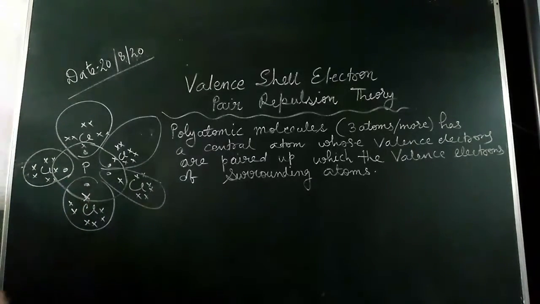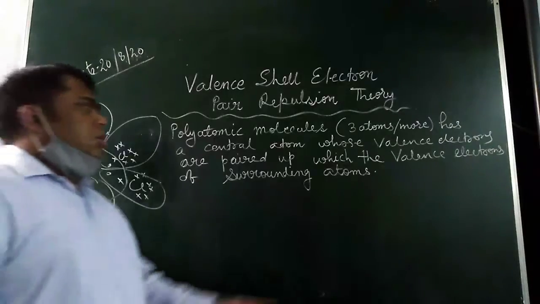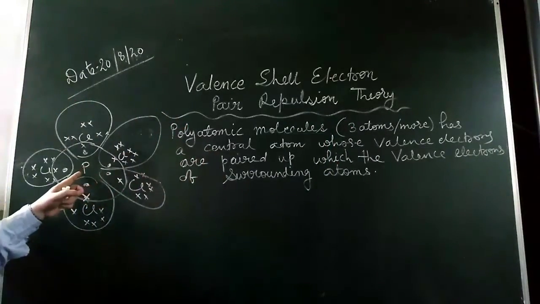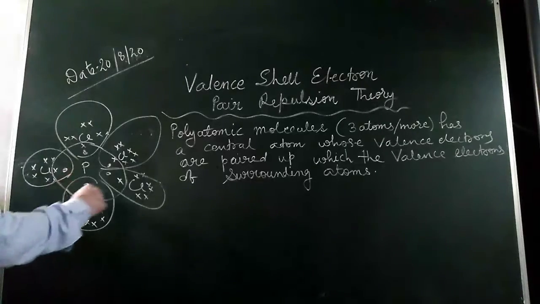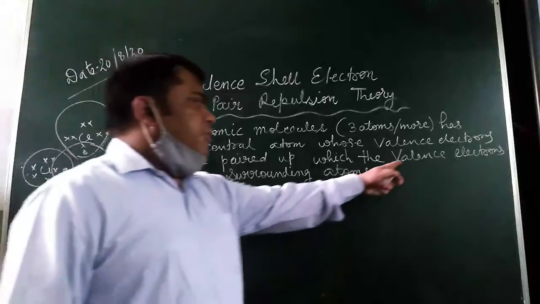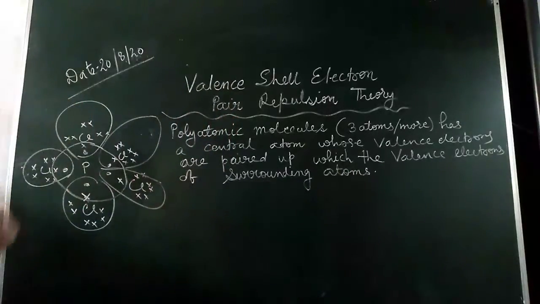This is a polyatomic molecule which has 3 or more than 3 atoms. The central atom is sharing its valence electrons with the surrounding atoms, and the surrounding atoms are pairing up their valence electrons with the central atom. So in this way electron pairs are made.